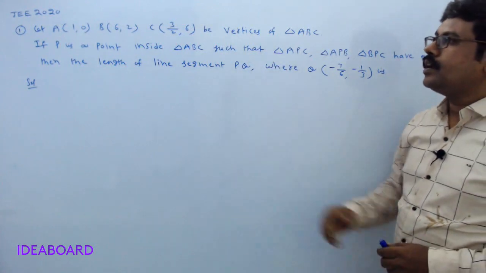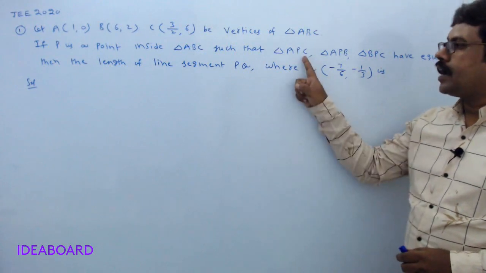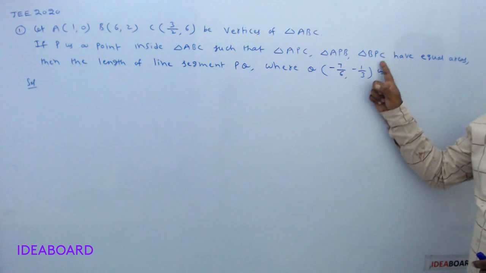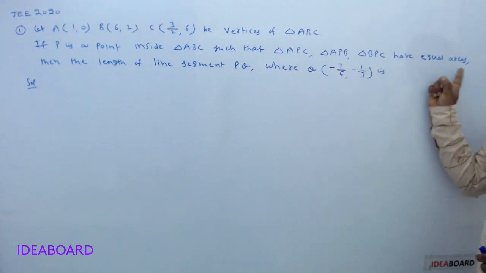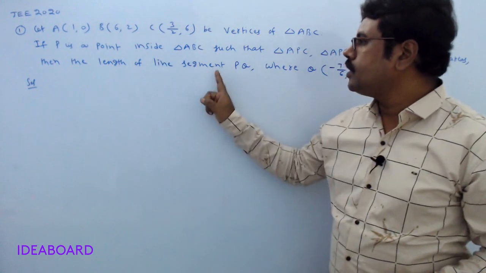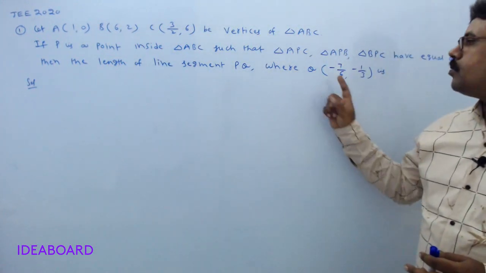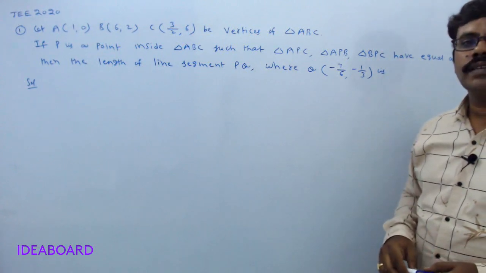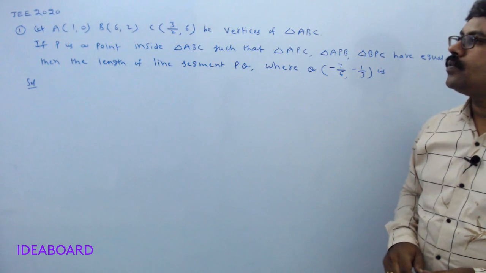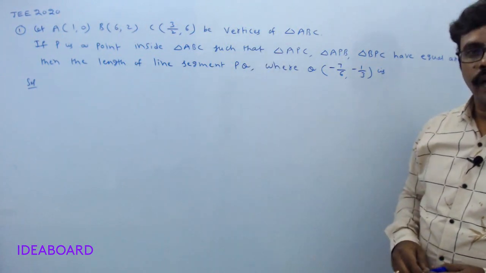P is a point inside triangle ABC such that triangle APC, triangle APB, triangle BPC have equal areas. Then the length of the line segment PQ is, where the point Q is (-7/6, -1/3). Now if you look at the given data, the vertices of the triangle are given.